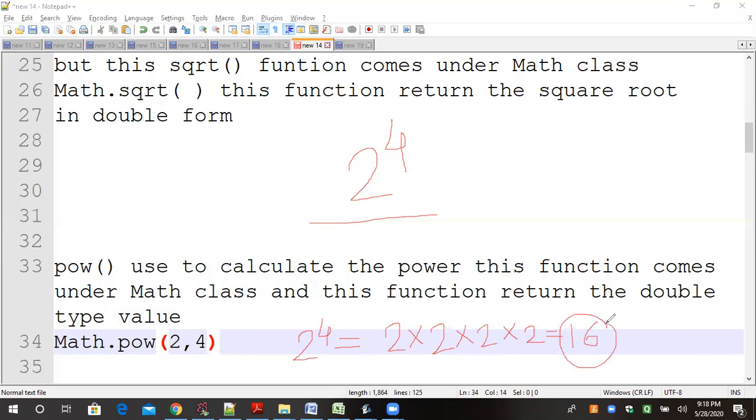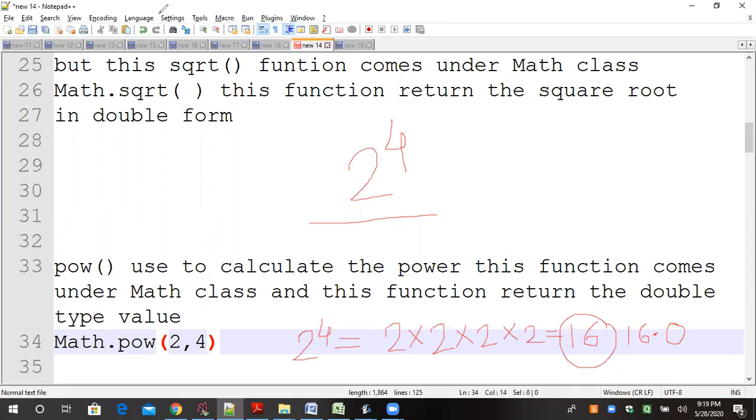Understand? Not 16. It will print what? 16.0 due to double type. Can you please confirm this is clear to all of you? Yes, sir.